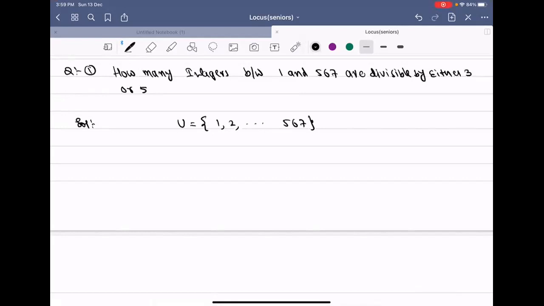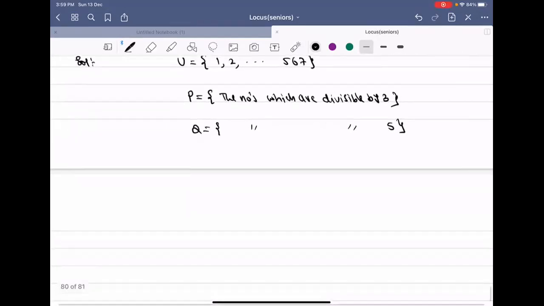So let P be the set of numbers which are divisible by 3, and next set Q be the numbers which are divisible by 5.